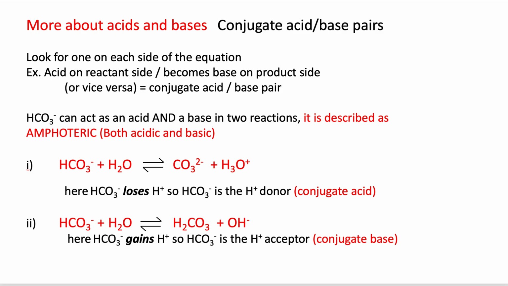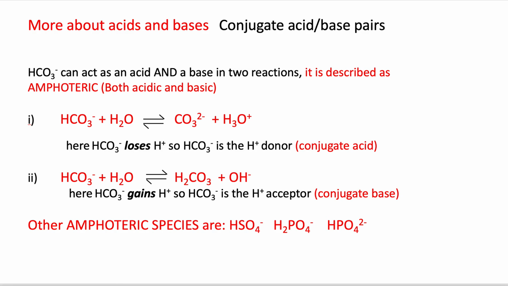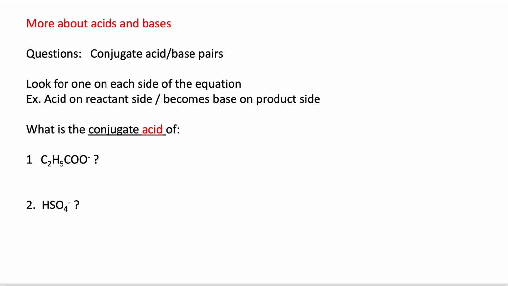In the second of the two equations, the hydrogen carbonate ion gains a proton and becomes H2CO3, carbonic acid, so it's a proton acceptor, so here it's going to be the conjugate base. And there are other amphoteric species, hydrogen sulfate, dihydrogen phosphate, and monohydrogen phosphate. Notice the different charges on both of those.